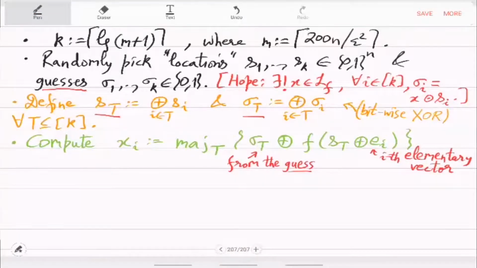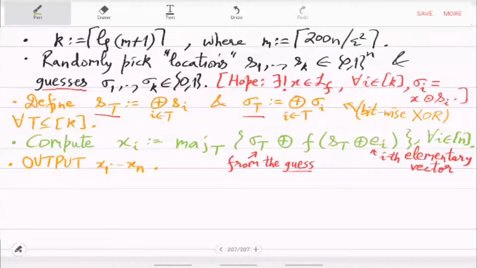And then in the end, output x1 to xn. So do it for all i: for all i, compute this, and then output these x_i's. So this is one string that you have outputted.